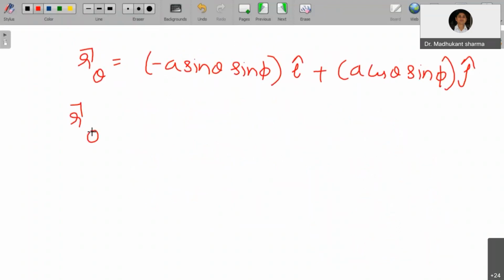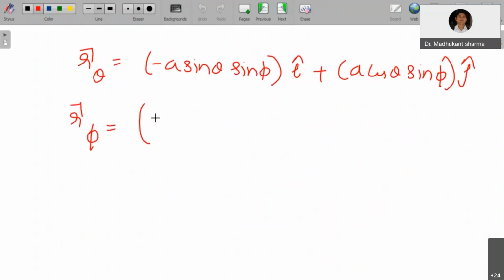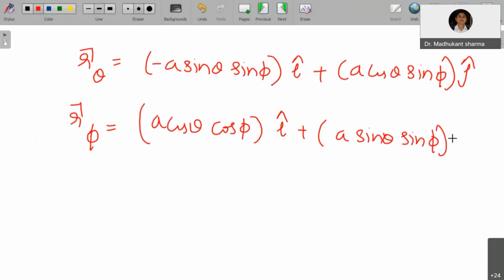Now r phi equals, the sine phi derivative is cos phi, right? You have a cos theta cos phi, a sine theta cos phi, and z is a cos phi, so you have minus a sine phi k cap.